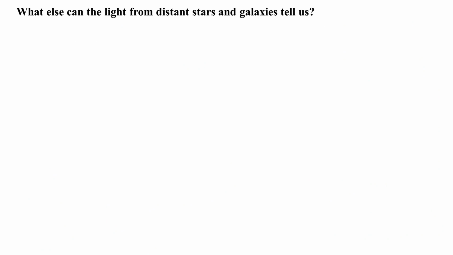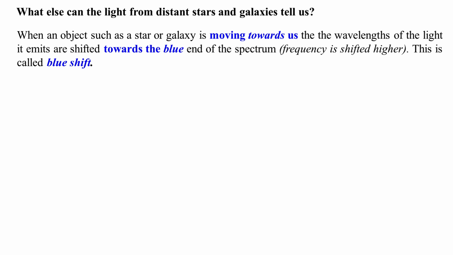What can the light from distant stars and galaxies tell us? When an object such as a star or galaxy is moving toward us, the wavelengths of the light it emits are shifted toward the blue end of the spectrum. Frequency is shifted higher. This is called blue shift.